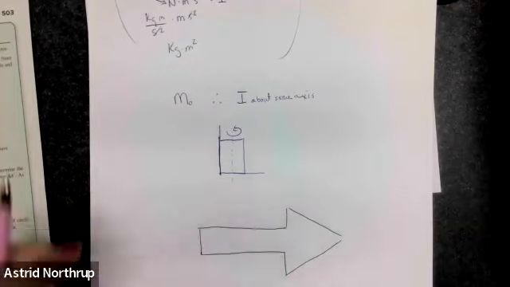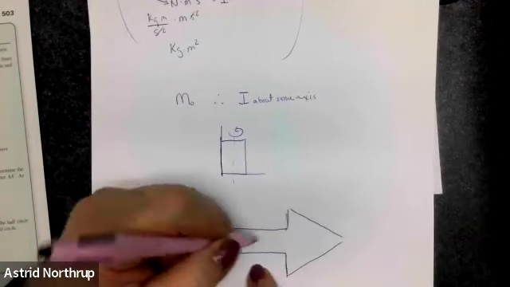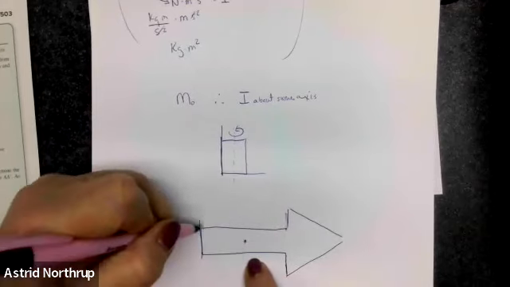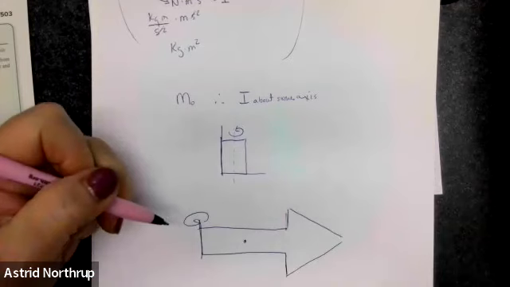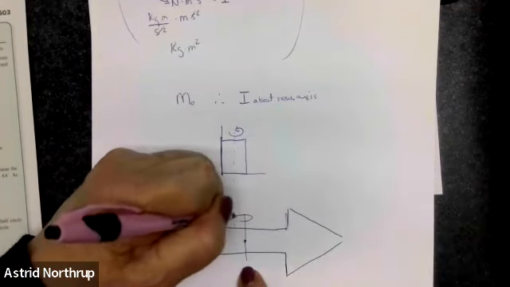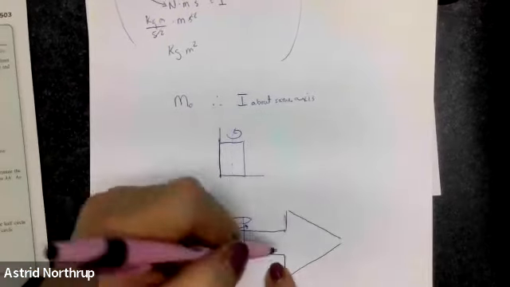If you spun it about an edge, it's going to be quite lumpy, a high moment of inertia. If you spun it against something over here, it would be less lumpy, a lower moment of inertia.